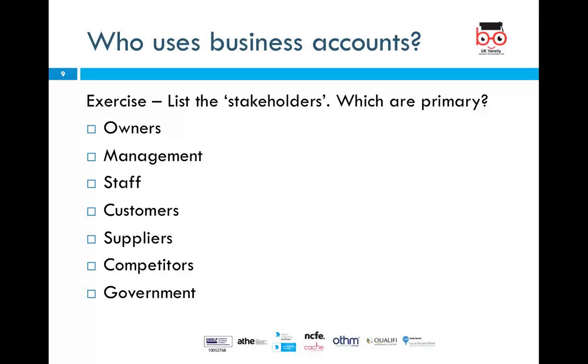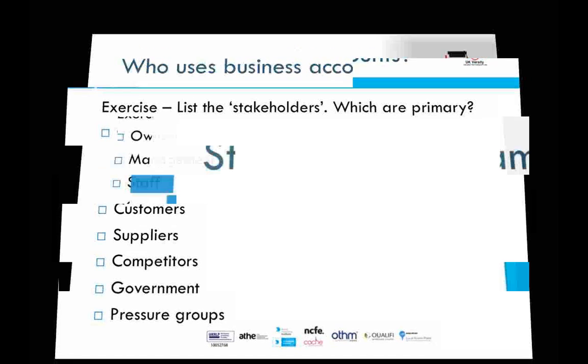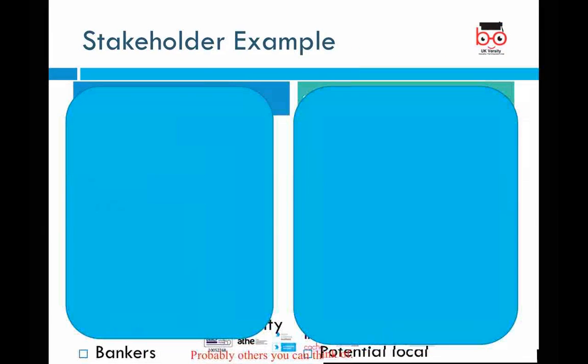Suppliers have a direct relationship with the company. Competitors, government. These are the very basic stakeholders of the company. And then pressure groups, who influence the budget, the pricing, everything: levies, taxes, VAT, excise duties. A pressure group's opinion is always important for the business and the organization.